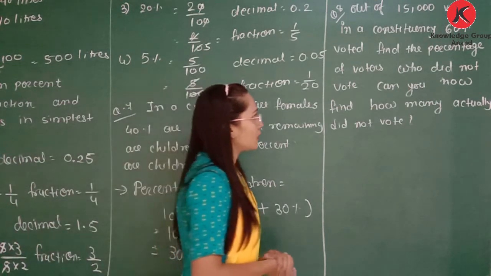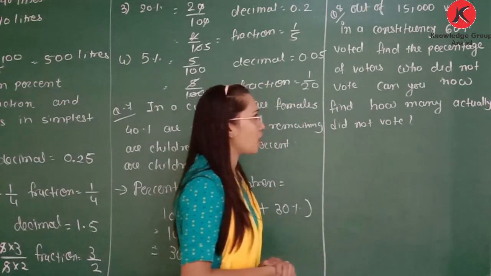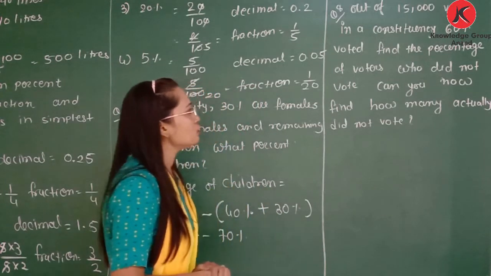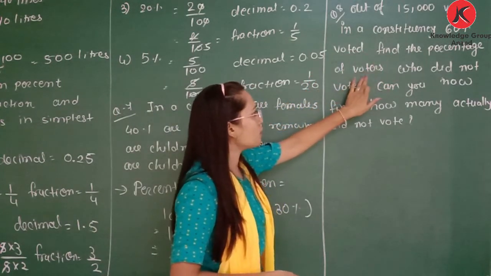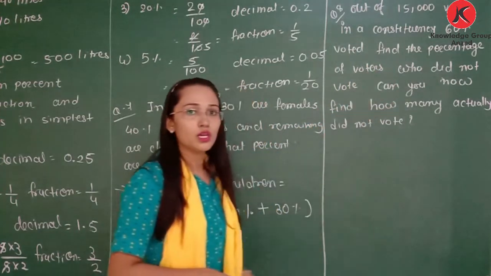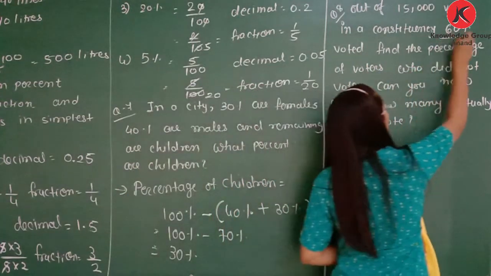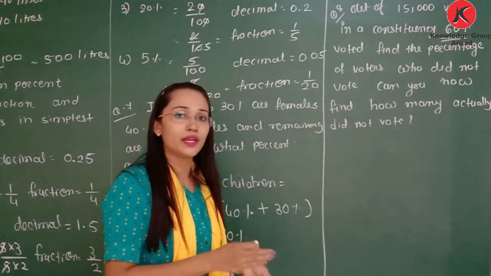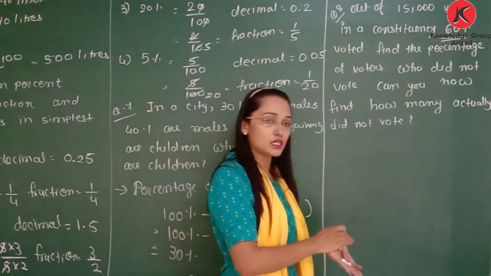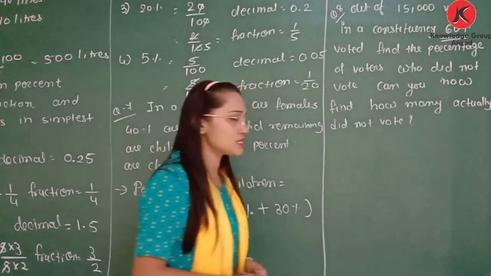Now next one: out of 15,000 voters in a constituency, 60% voted. Find the percentage of voters who did not vote. If 60% voted, then what percentage did not vote? So from 100, 60 voted. So the remaining 40% did not vote.